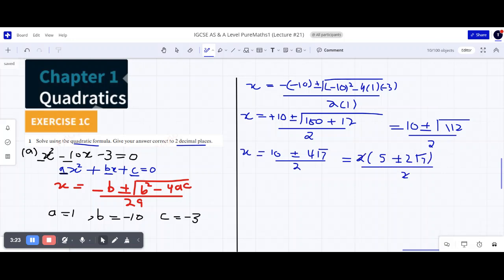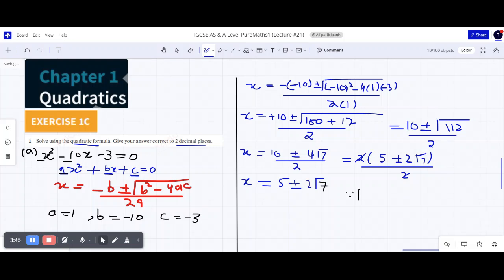Now 2 and 2 will cancel out, so x equals 5 plus minus 2 root 7. Then further we have to simplify.